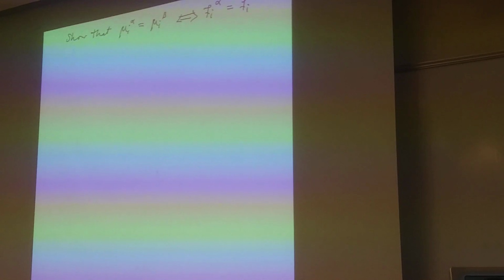Let's say mu I in some system alpha equal to mu I in some system beta is equivalent to fugacity of that component I in alpha equal to fugacity in system beta. Well, let's work it out.